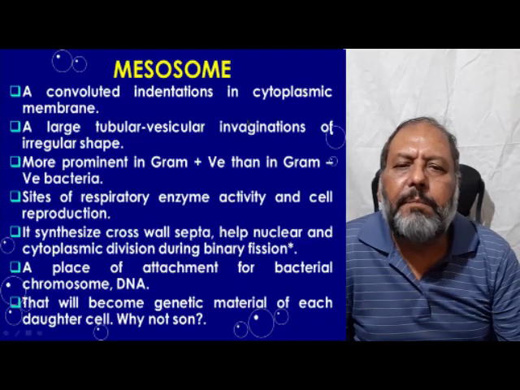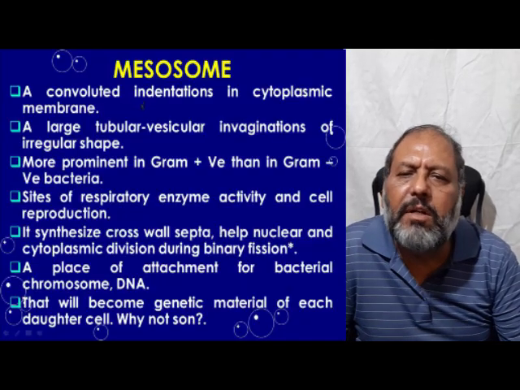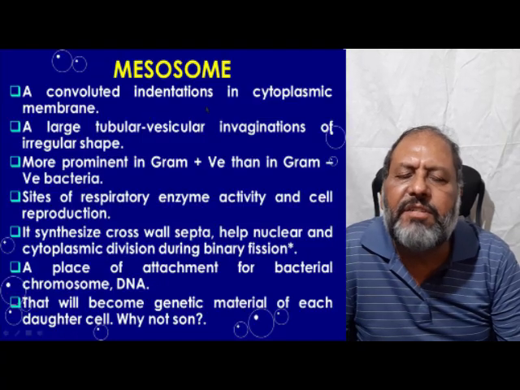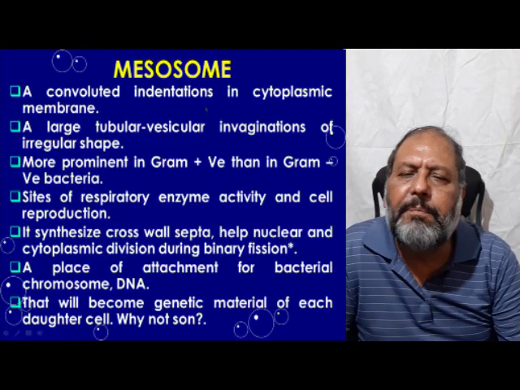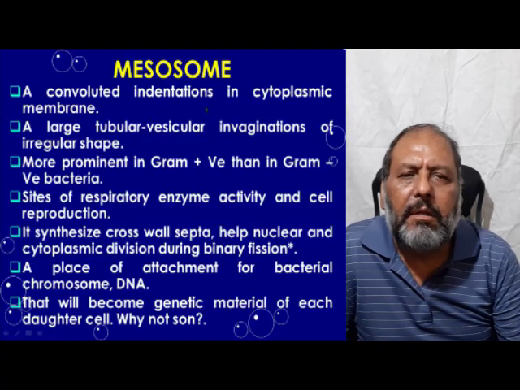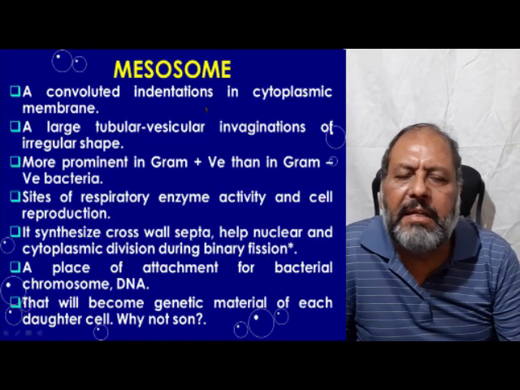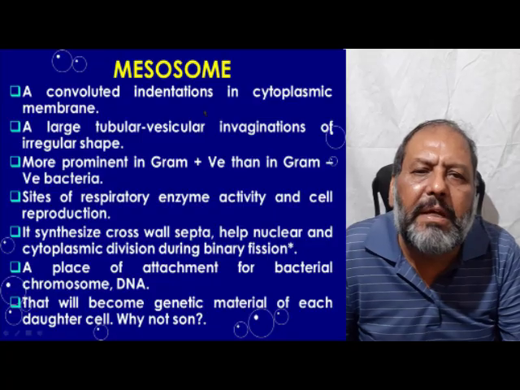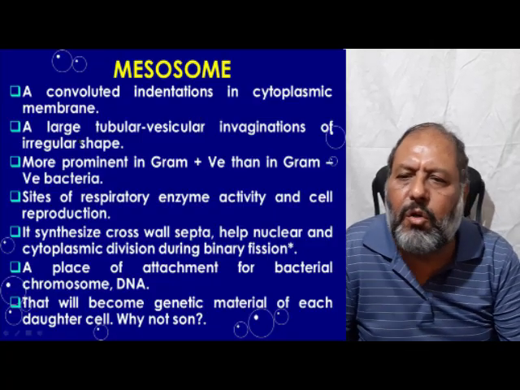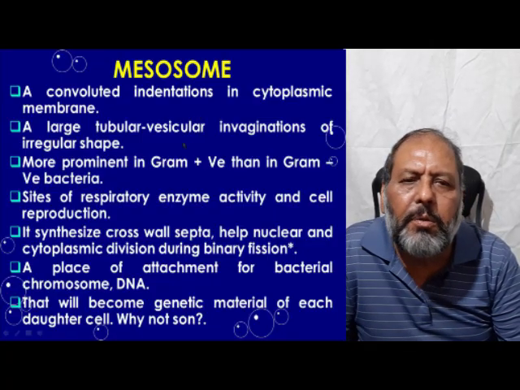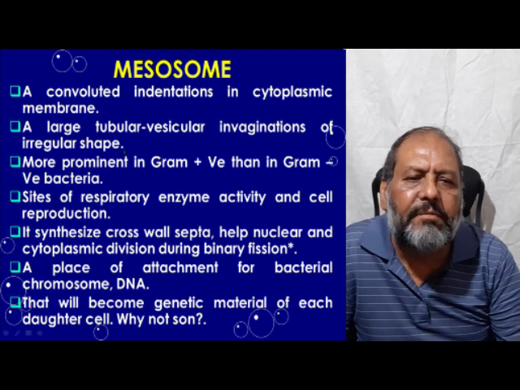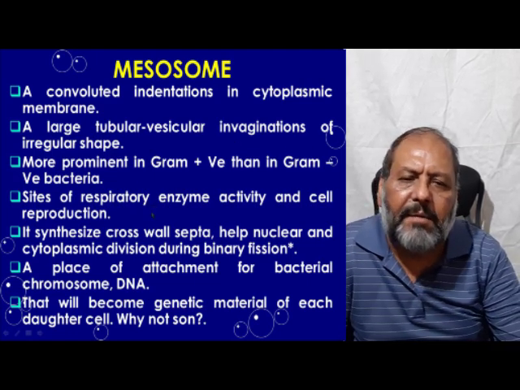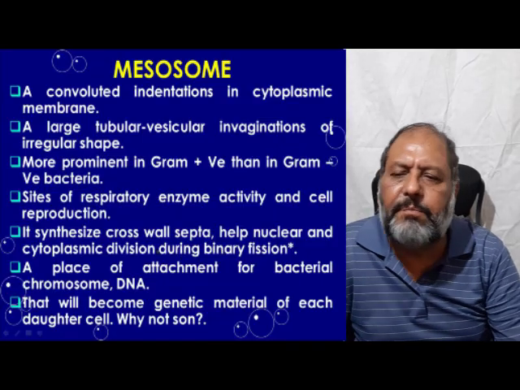Now, the mesosome is a convoluted indentation in the cytoplasmic membrane. It is just like if you have a balloon and you put a finger in the inflated balloon, so the constriction that appears will be just like the mesosome. It is a large tubular or vesicular invagination of irregular shape, more prominent in gram-positive than in gram-negative bacteria.